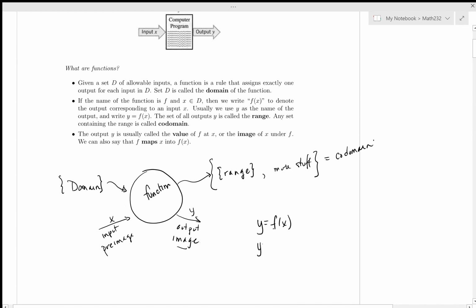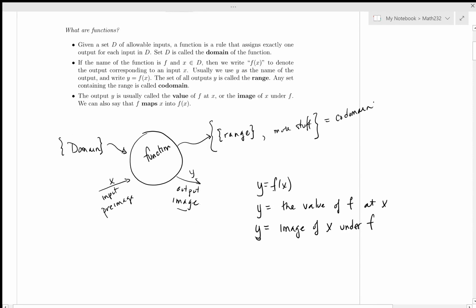We write Y equals the value of f at X. We write Y is equal to the image of X under f. And we can also write f maps X into Y, or f of X. There's a whole bunch of vocabulary and notation surrounding this.